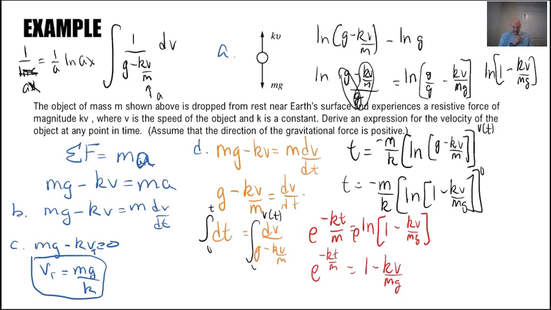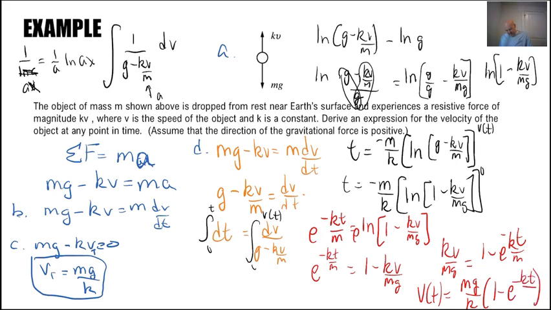Right, and so then I need v by itself, so I subtract and add. So I get kv over mg equals 1 minus e to the negative kt over m. And now I multiply by mg over k. And finally, we get v of t equals mg over k times 1 minus e to the negative kt over m.